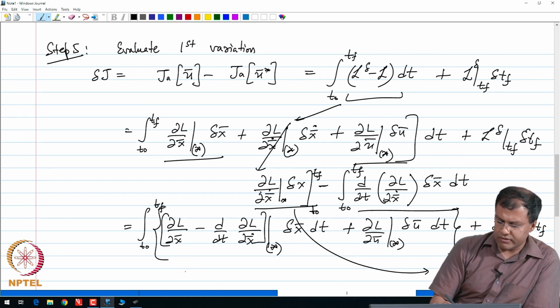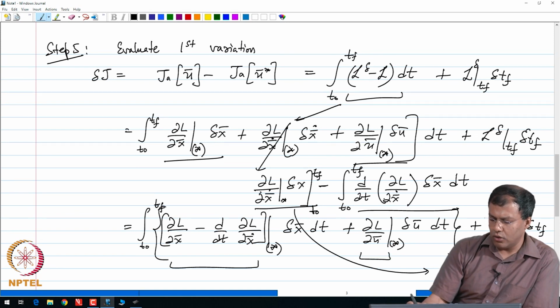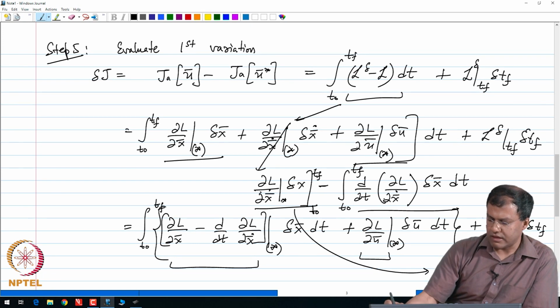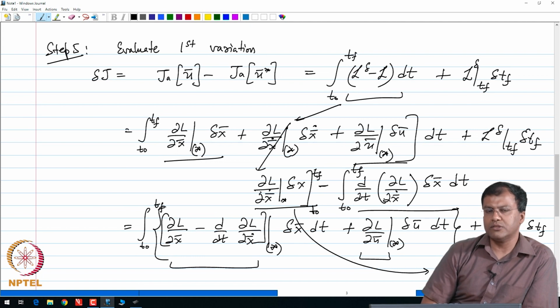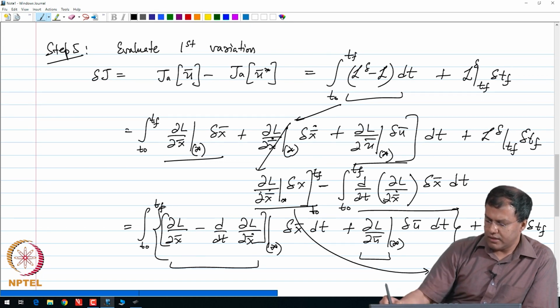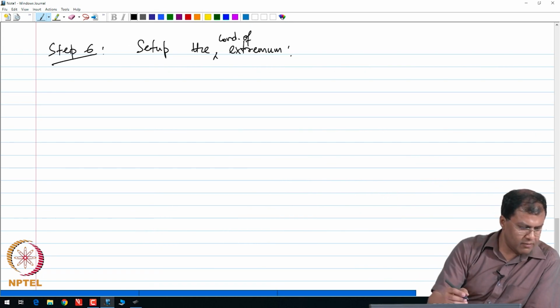Notice that our extremum will be 0, our first variation will be 0 when we have the Euler Lagrange being satisfied, plus an additional quantity which is the control derivative, plus the sum of two quantities outside the integral which will contribute to our natural boundary condition. Okay.